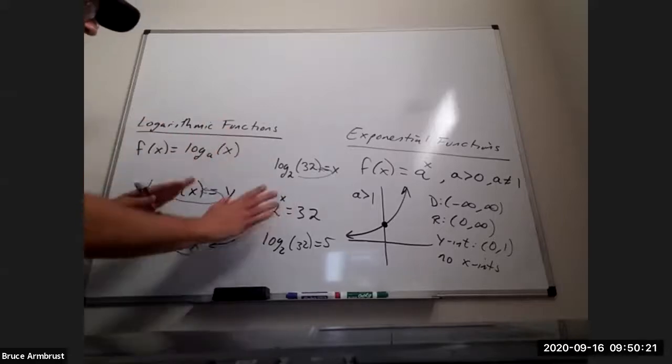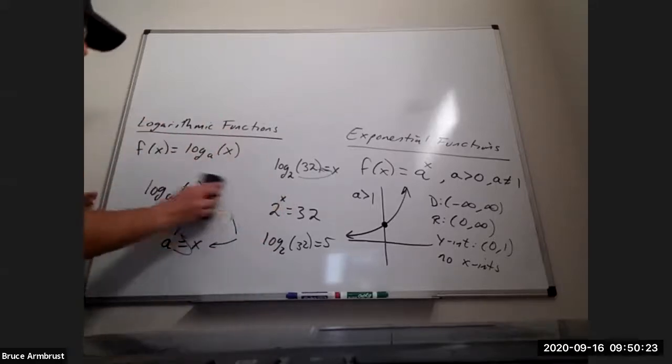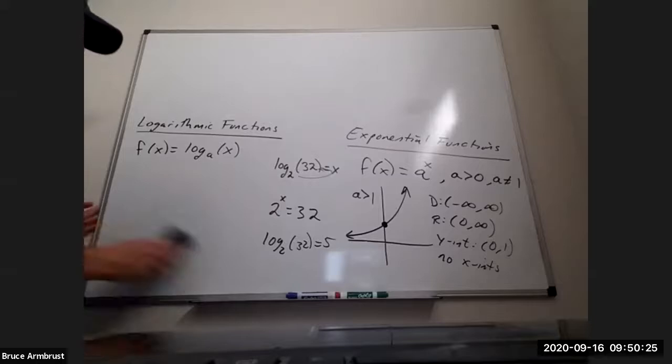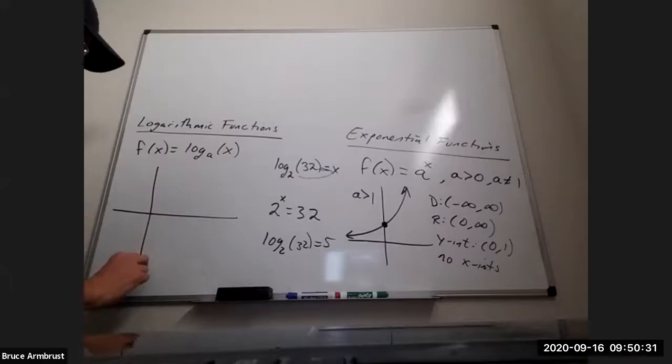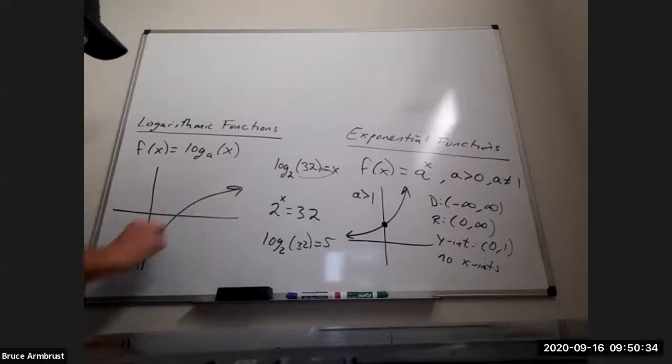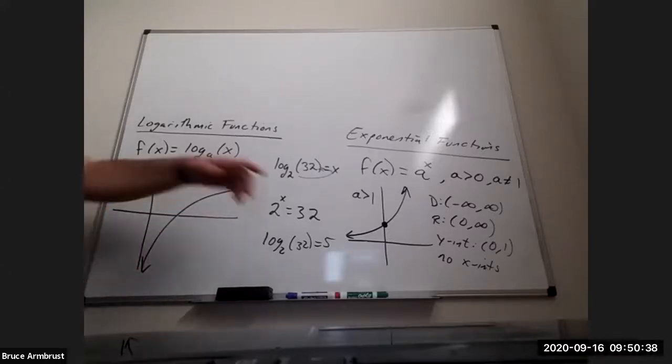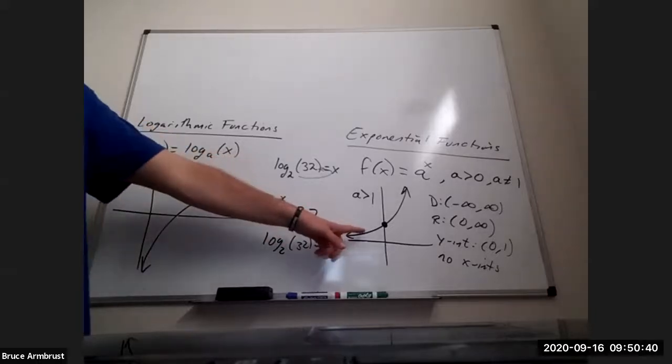All right. Well, anyway, so that's how you can convert these things. So in terms of their graphs, they look a lot like exponentials. They just are on their side. So think about this picture right here.